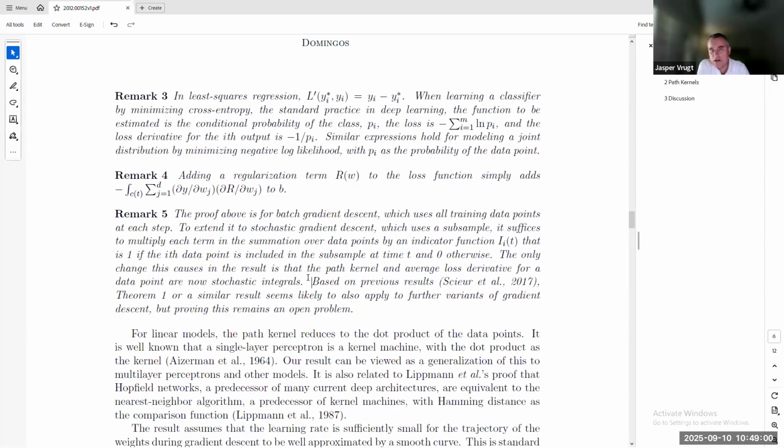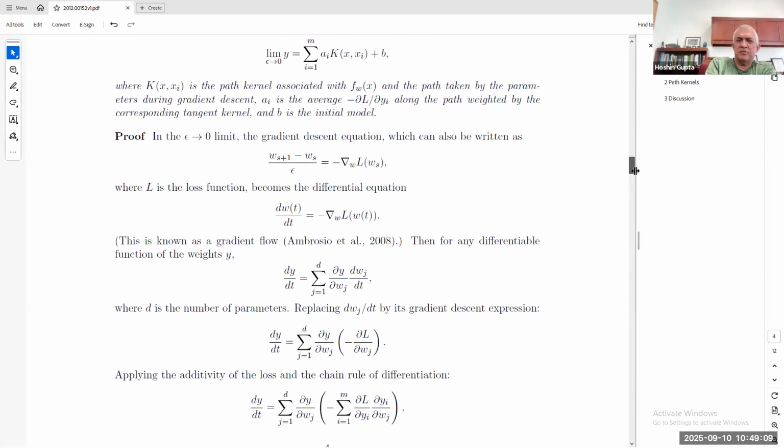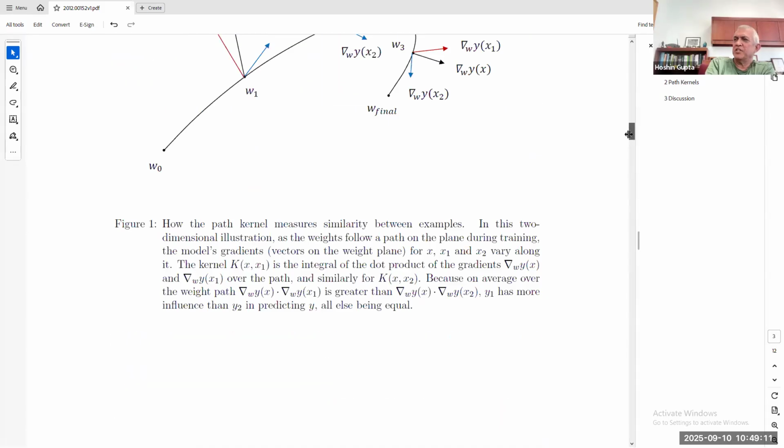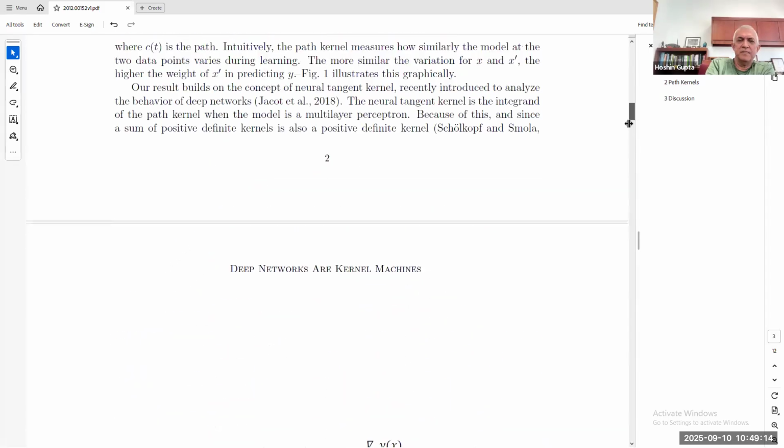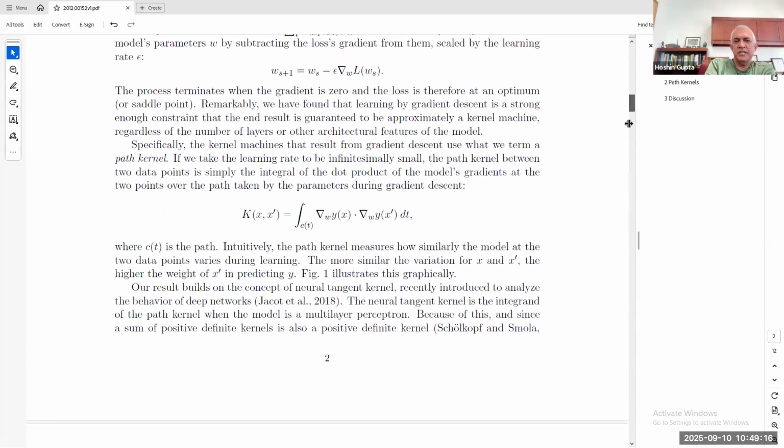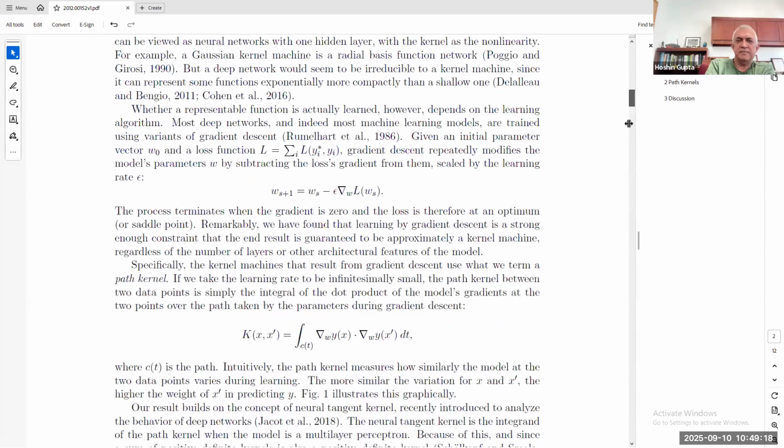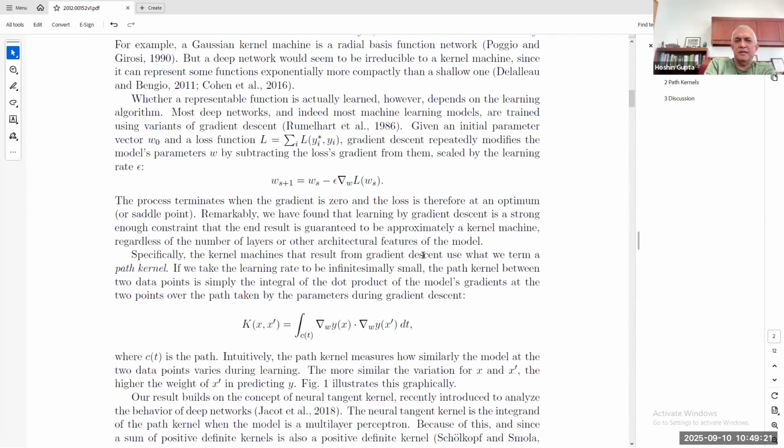This remark by Hoshin, I saw you raised your hand. So, question. If I understood this correctly, the prediction is made as some interpolation from the training data, and it chooses which training data, so which neighbors, where the neighbors are defined in some fairly complicated way, which has to do with the gradients rather than actual positions.